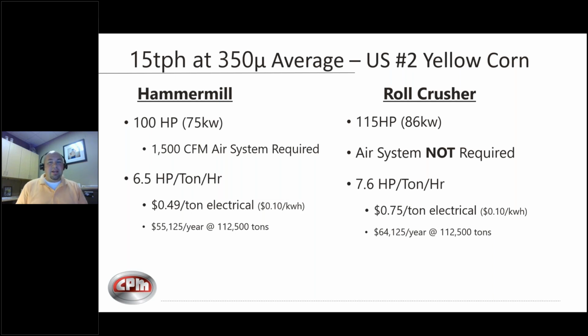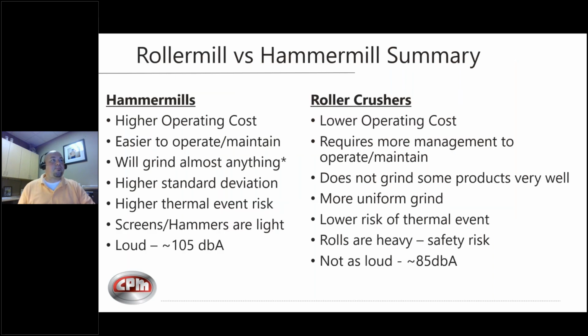But this is just looking at an average of 350 microns. If you remember what we talked about earlier, that's just the average and not necessarily the distribution. So the average is the same, but the roll crusher is still going to have a tighter standard deviation or a more uniform grind. Again, you can see the rest of the bullet points. I won't read them all out, but in this case, the electrical on the roll crusher is higher over a 1 year span as compared to the hammer mill.